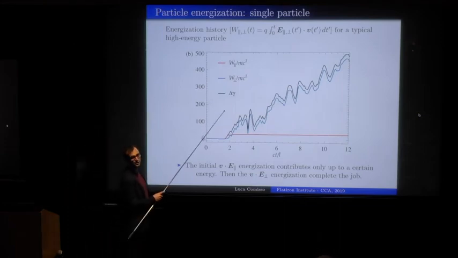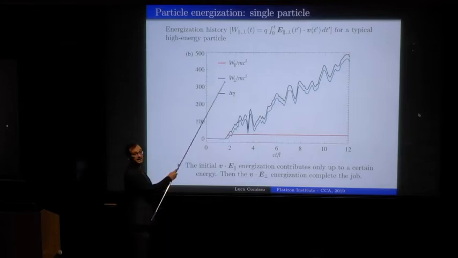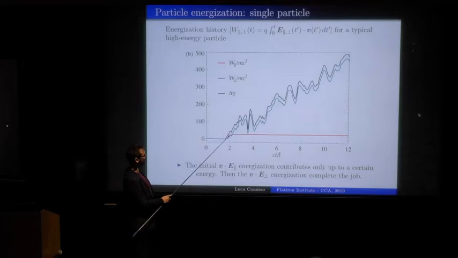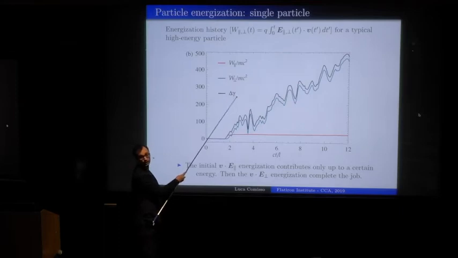You can see now, this is not a log plot anymore. Reconnection gives you the parallel electric field, but then there is the perpendicular electric field that comes from the turbulent fluctuation itself. So it's just ideal MHD. And you can see as a balance that this is the work done by the parallel electric field, this is the perpendicular electric field, and this is the total energy gain normalized by mc squared.